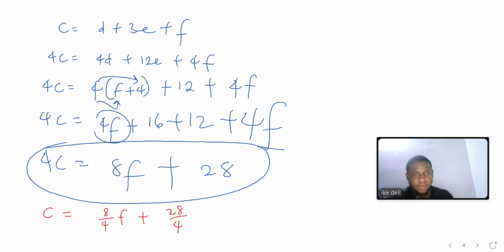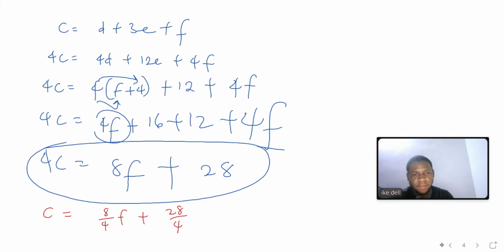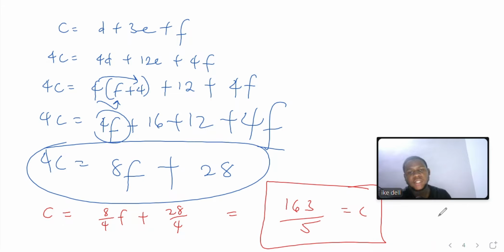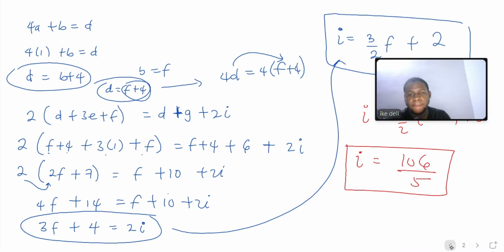So 2F. What did we say F was? So 2F plus 28 over 4. So that gives us 163 over 5 is equal to C. So that's our C there. 163 divided by 5.